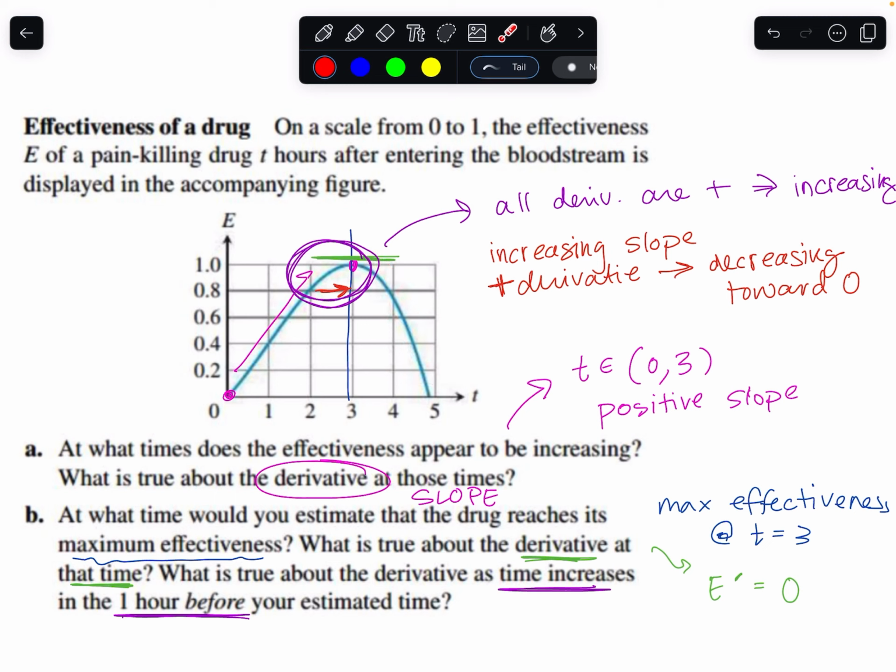The graph is decreasing, so we would have a negative derivative, and it's a decreasing negative derivative. It's going from like negative 0.1, here we might have negative 1, down here we have negative 2.